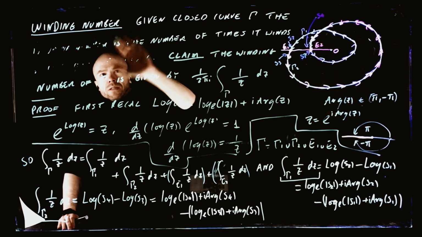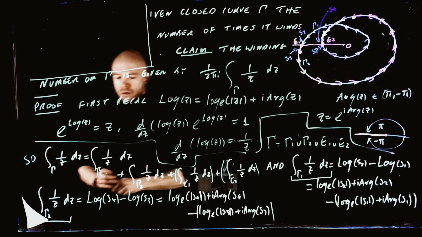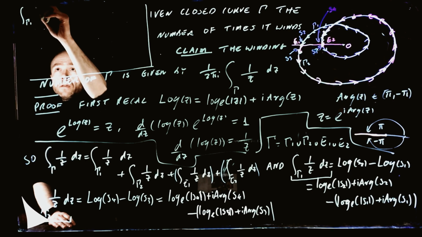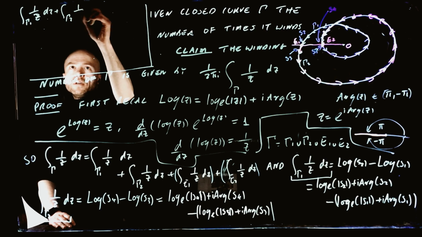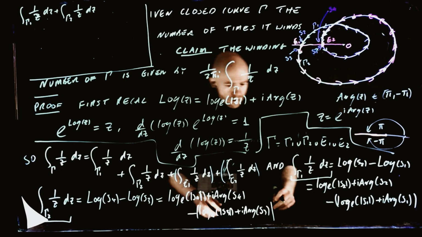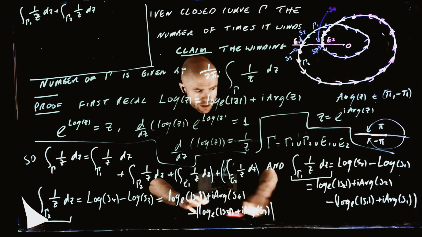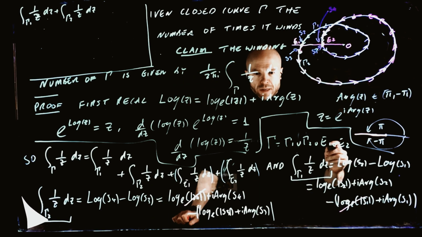I just got new pens, but they're harder to erase for my fingers. So, the integral over gamma 1 of 1 over z dz plus the integral over gamma 2 of 1 over z dz. We are going to have that this guy basically cancels with this guy. There's a tiny error, but we don't care about it.